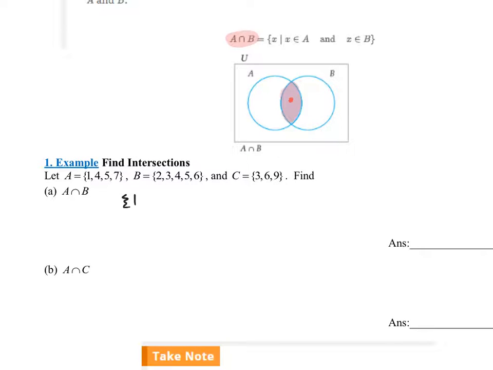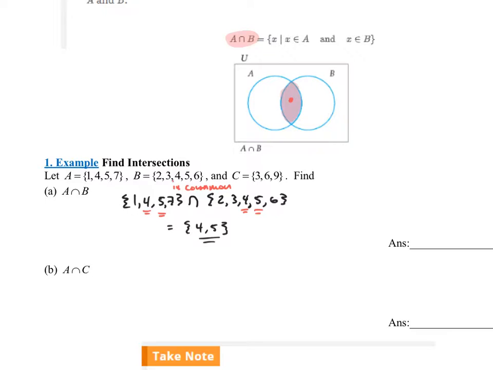So what we're looking for is the set A, which is 1, 4, 5, and 7, intersect with B, which is 2, 3, 4, 5, and 6. Remember, intersection means in common. So what we're looking for is anything they have in common. Well, for instance, I see the number 4 in common. I also see the number 5 in common. What's in both sets? I see the numbers 4 and 5. So that tells me that the intersection is the set containing 4 and 5.